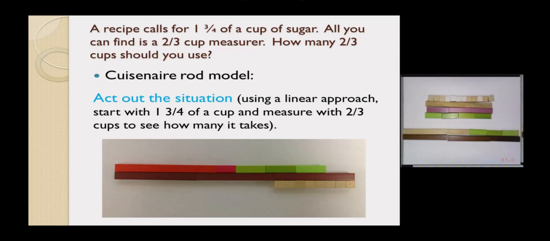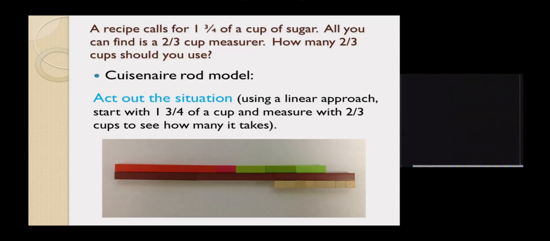Well, in order to find out how much of that 2/3 cup it is, I'm going to have to measure it. And if you'll notice, it gets out to about right there. Well, it's running off the end, so I'm going to have to make it even smaller.